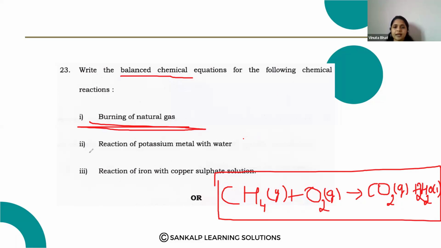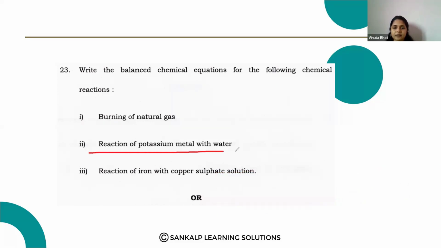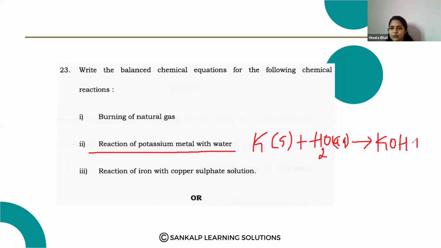Next question. Reaction of potassium metal with the water. Here, potassium, that is K, potassium metal plus water, that is aqueous, forms potassium hydroxide plus hydrogen gas. Okay.